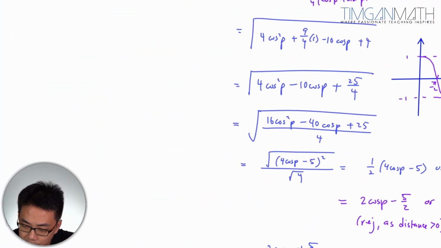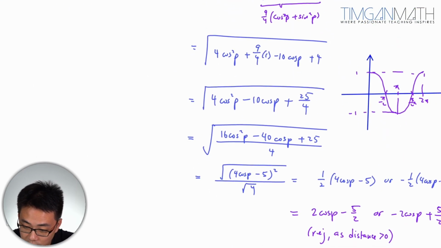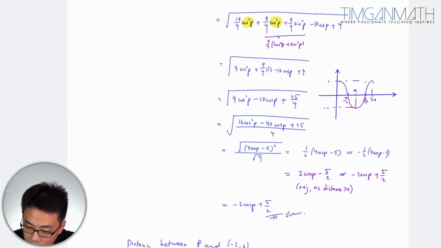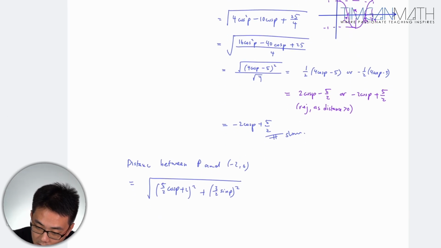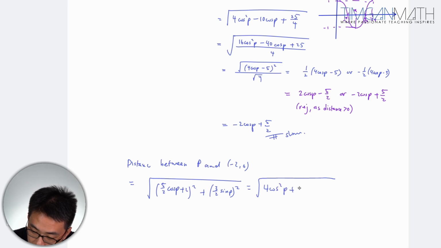That's okay. Then what we need to do is just change the 10 cosine p. So if you were to do everything the same, with cosine squared p plus 10 cosine p plus 25 over 4.